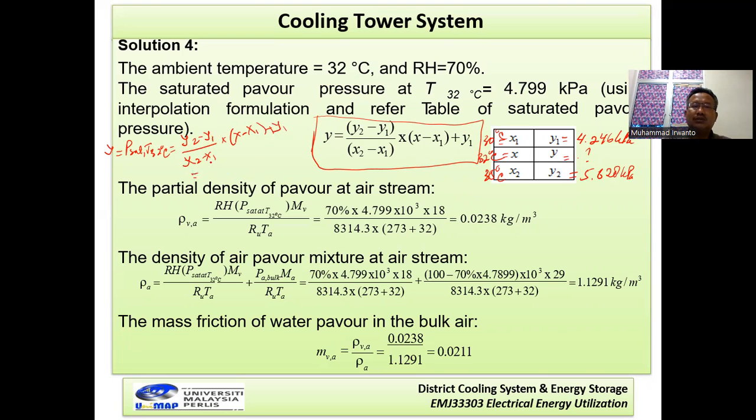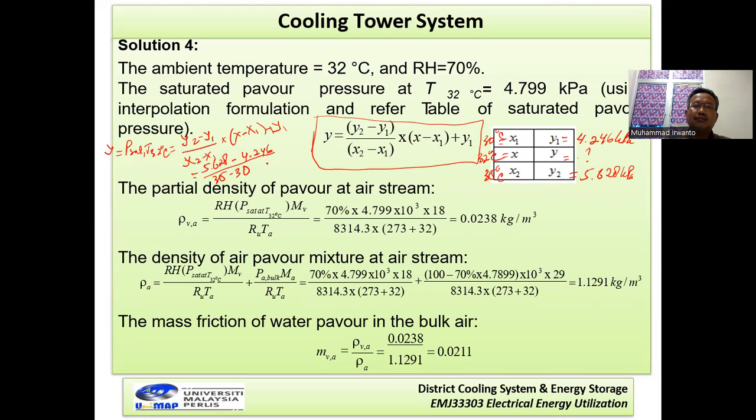So this is equal to Y2, 5.628, minus Y1, 4.246, over 35 minus 32.